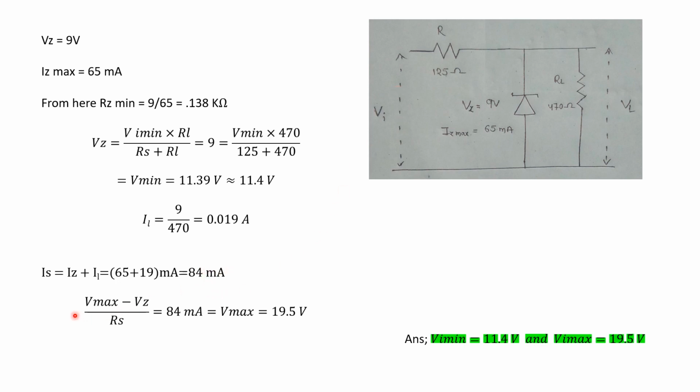And again we can calculate it as Vmax minus Vz by Rs, so the voltage at this point minus the voltage across this point divided by the resistance will be equal to Is. So by putting in this value, we can find that Is will be equal to 84 milliampere, and Vmax will be equal to 19.5 volt. So our final answer will be Vi minimum is equal to 11.4 volt and Vi maximum is equal to 19.5 volt.